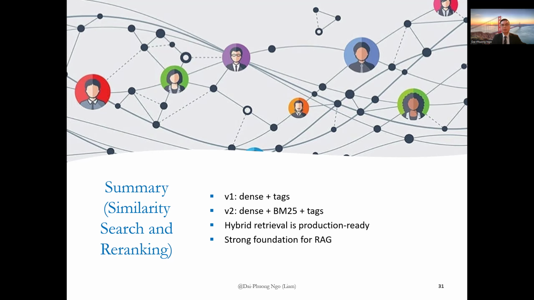The final system combines semantic similarity, lexical relevance, and tag-based intent signals in a transparent and tunable way. Together with the clustering results, this retrieval stack provides a strong foundation for routing, analytics, and future Retrieval Augmented Generation, or RAG, in a medical chatbot setting.